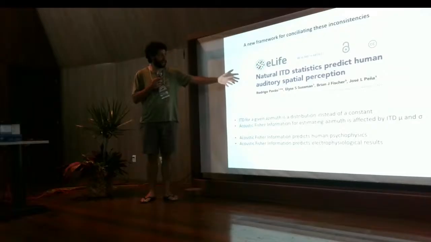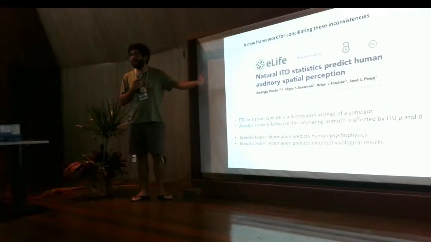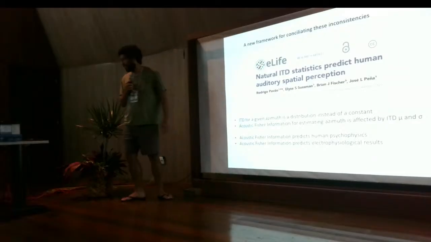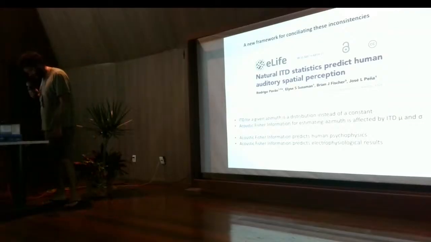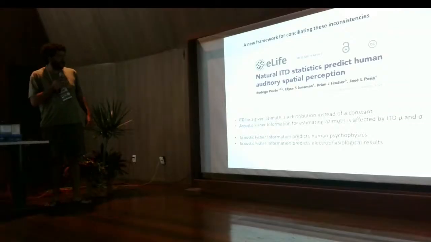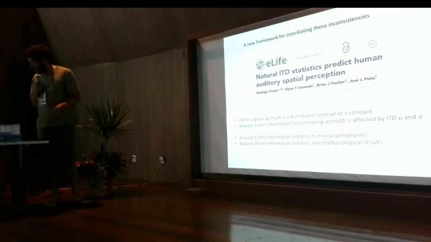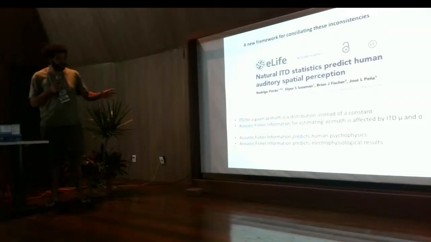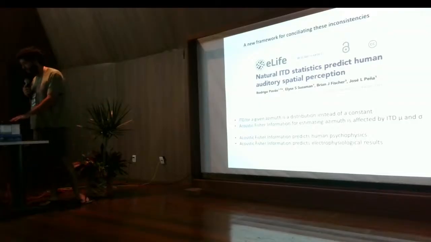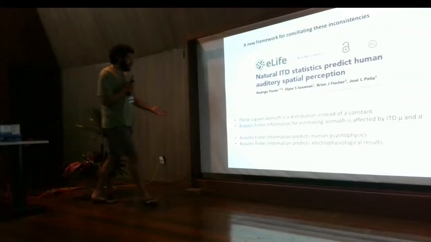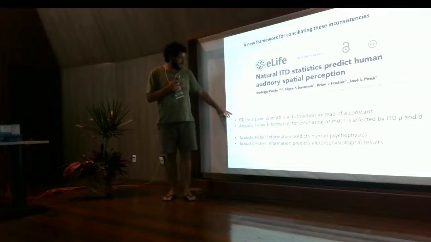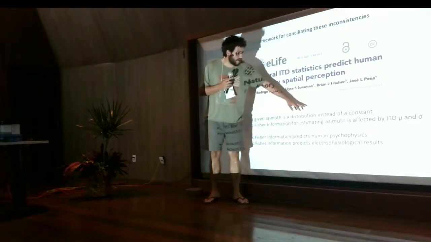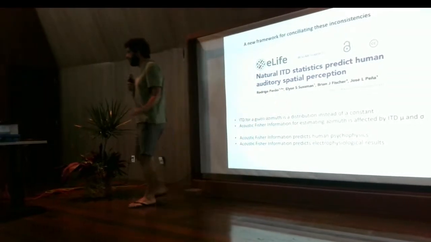This is a paper that I published in 2010-20. It was not well understood at that time and not very cited. So I'm making a review now, trying to explain this in a clearer way. And the idea is that the ITD is not a constant, it is rather a distribution.